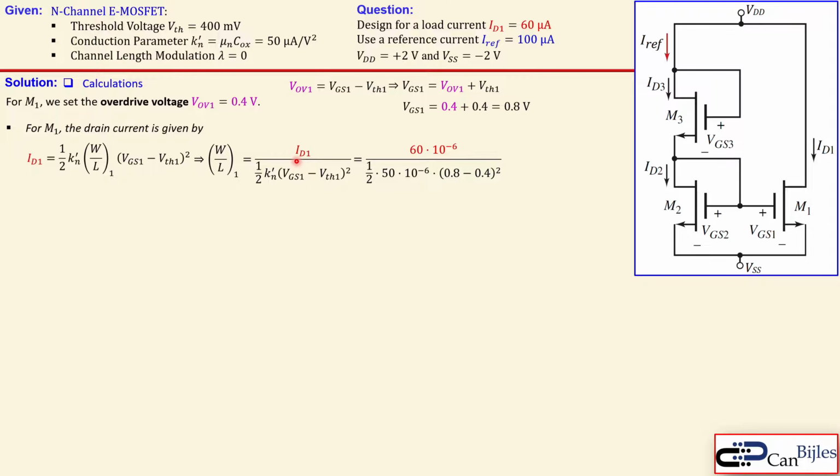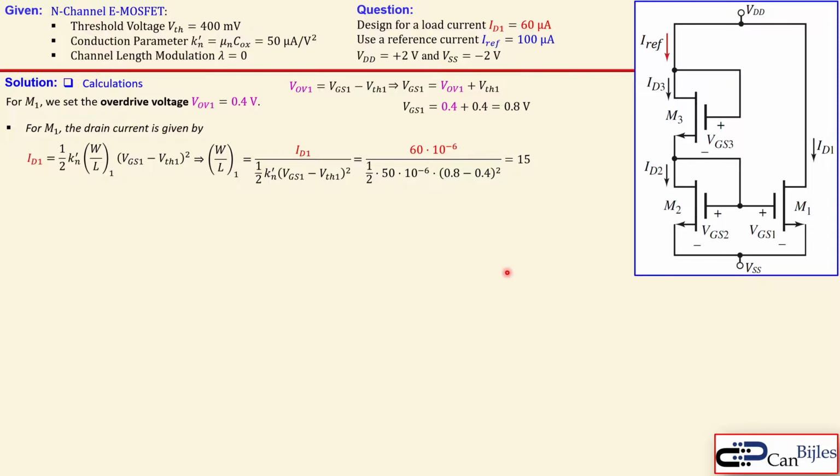So you see here ID1, half K_n prime, and also the VGS1 minus VTH1. This is what we called before the overdrive voltage, so that's actually 0.4 here. If you do the calculation here, you get exactly 15. This is the multiplication factor for the MOSFET 1.